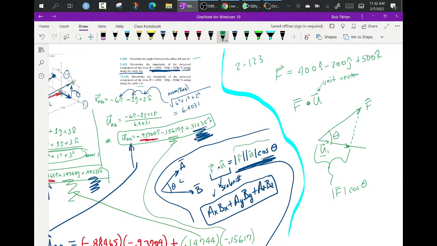Now, you have one choice at this point. The easiest one is just to take the dot product, and that dot product will give you that value going along this direction.